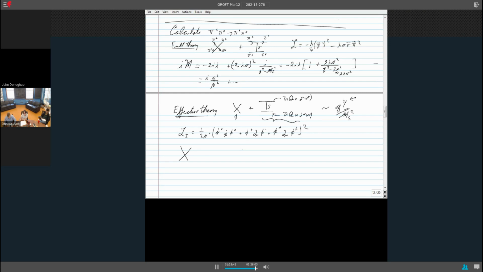This guy, however, has trace d mu u dagger at the top. That can give you a matrix element. It has 2 derivatives. It has trace d mu u dagger down at the bottom. That has 2 derivatives in it.